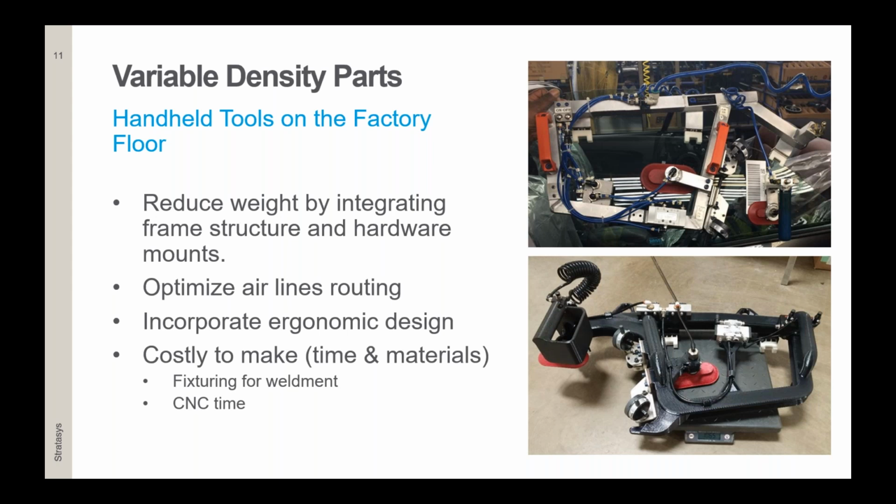So such fixtures put operators at more risk of repetitive injuries or damaging the vehicle, and also slow down the production times. By using clever design and print settings, the weight of the tool was reduced to 4 kilograms. So if you have to lift it up multiple times a day, it's already 2 kilograms. It's quite a weight saving.